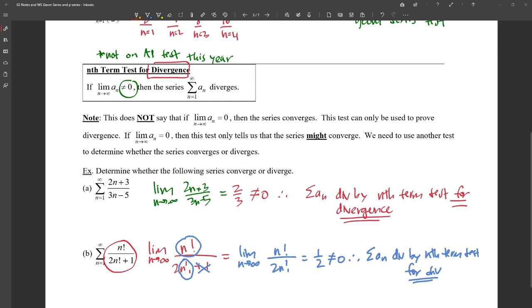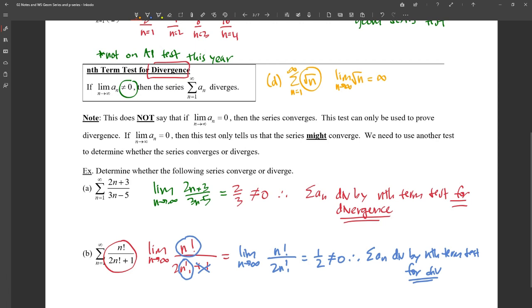And there's something else I'd like to add here, that for nth term test for divergence, if I had a problem like this, let's say problem D, the summation of the square root of n as n equals 1 to infinity, it's not a geometric series, obviously, so I'm going to try nth term test for divergence to see if the series converges or diverges. If I take the limit of this a sub n, so this is your a sub n here, as n gets bigger and bigger and bigger, this will just go to infinity.